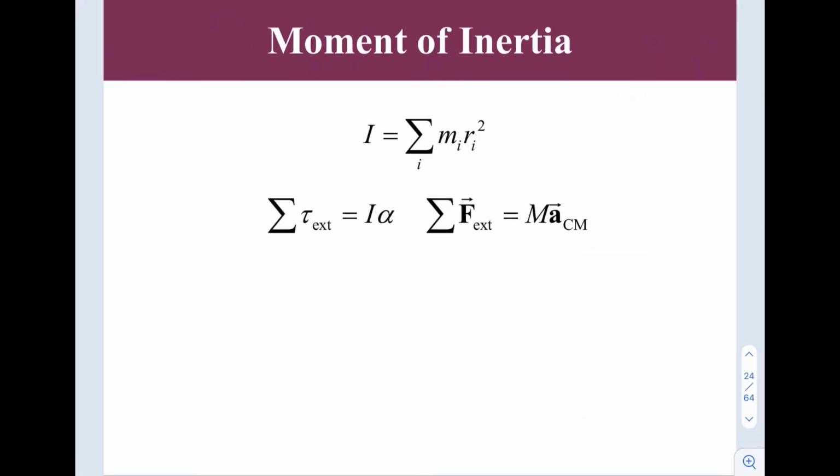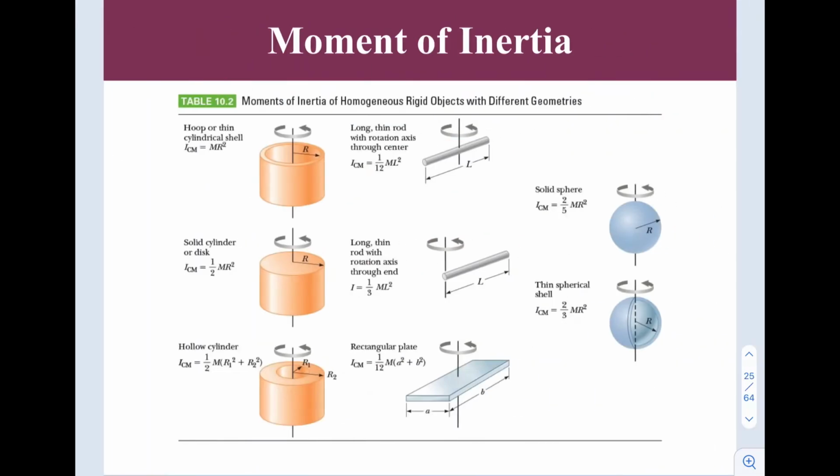Why is it so? It is derived based on this equation. For a long thin rod with the axis of rotation at one end, I is 1 over 3 m L squared.